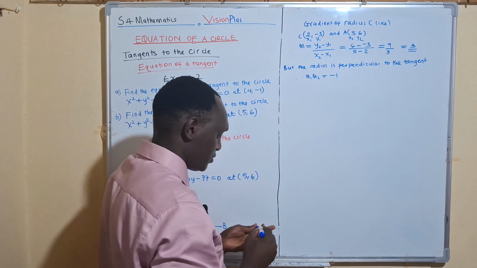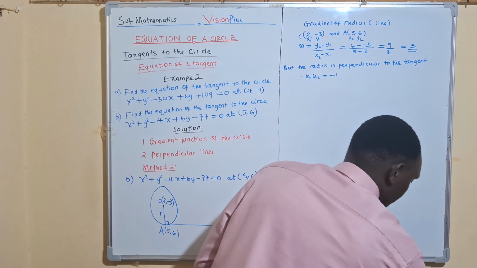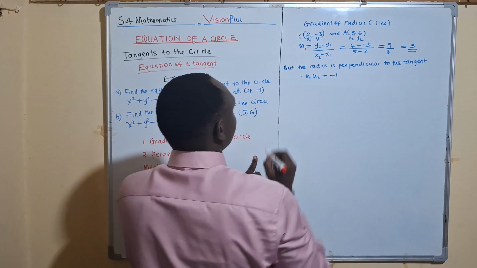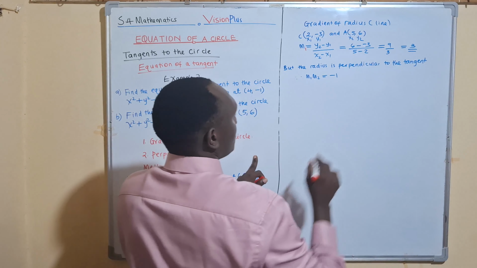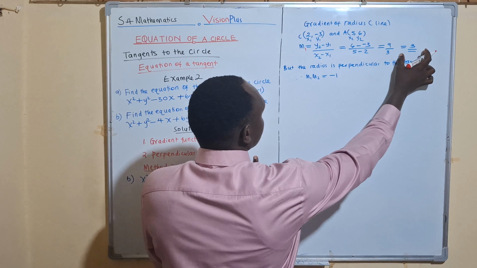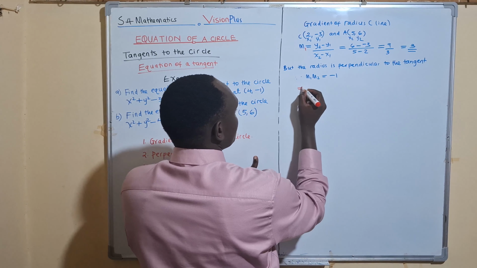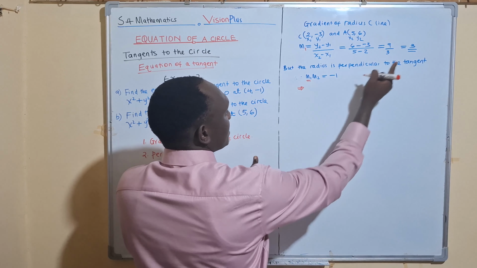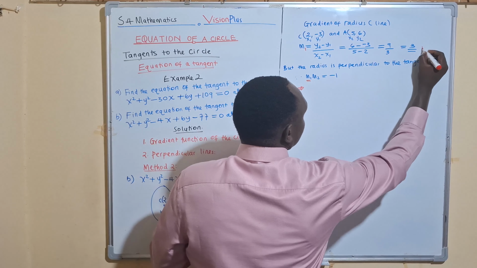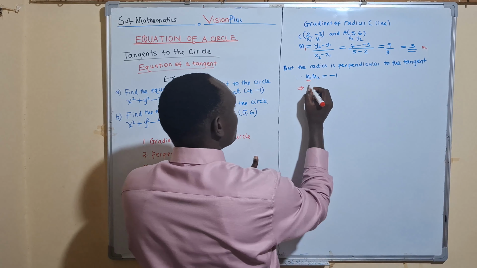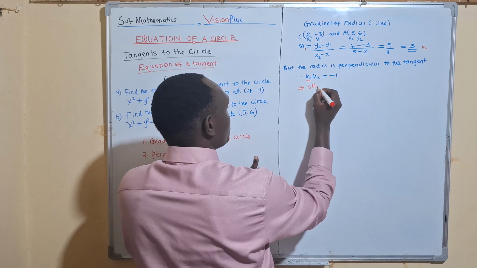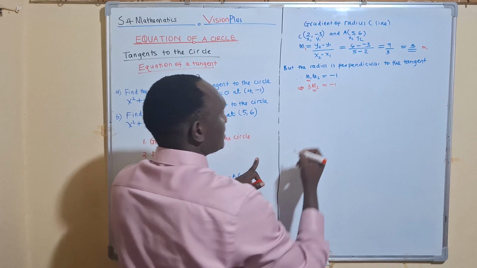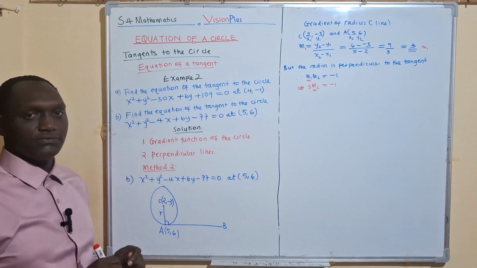So what can I do? I'm going to call the gradient of the radius m1, which is 3. So if I substitute for 3 here, m1 is 3. So I'm going to have 3 times m2 equals negative 1. m2 in this case is the gradient of the tangent.